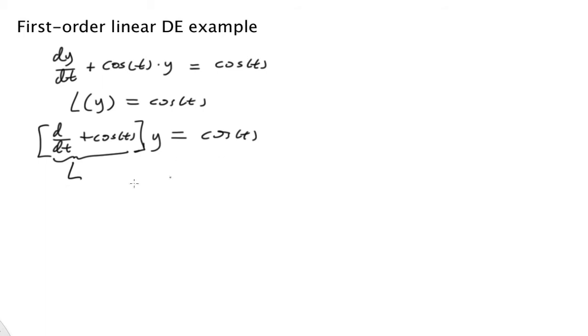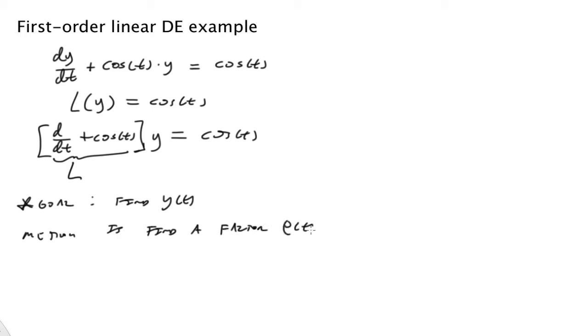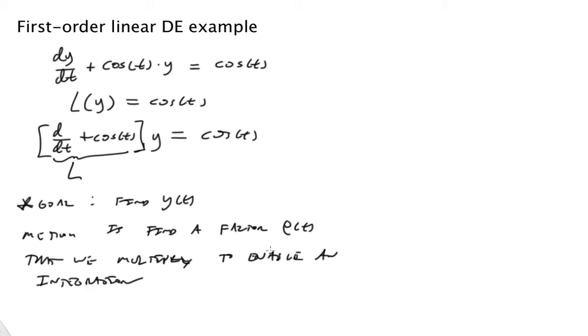So again, the goal always is to find a y of t, and our method is essentially to find a factor, a rho of t, that we multiply to enable an integration. So let's do that now.